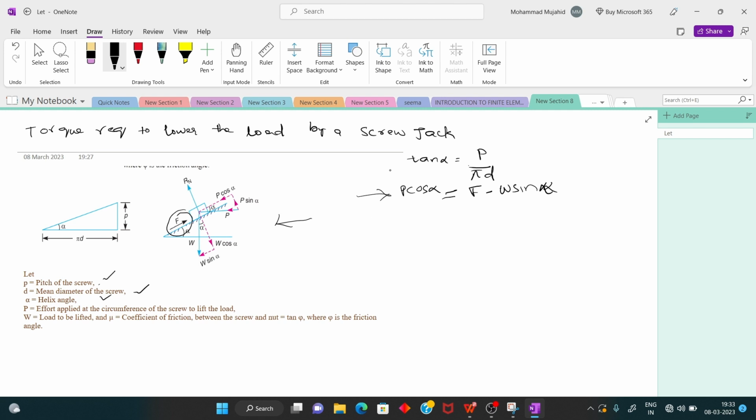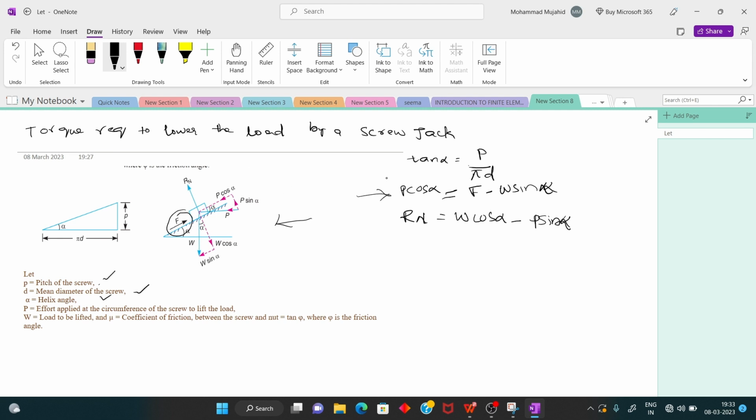Now coming to the vertical forces, you can write Rn equal to W cos alpha minus P sin alpha. P sin alpha acts upwards, W cos alpha acts downwards, and Rn also acts upwards. So Rn equals W cos alpha minus P sin alpha.